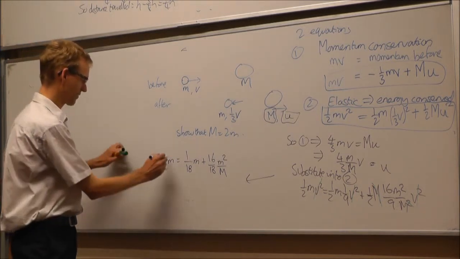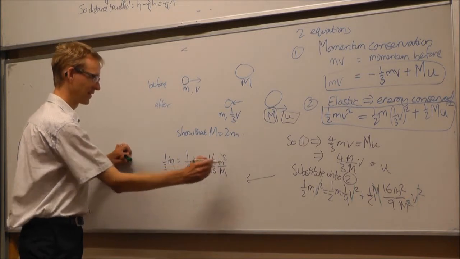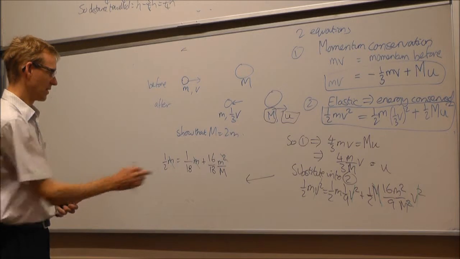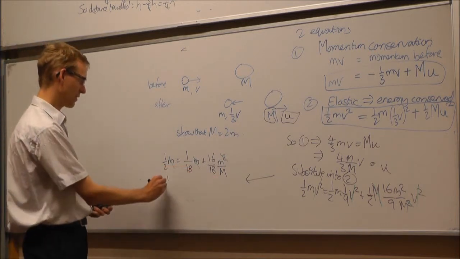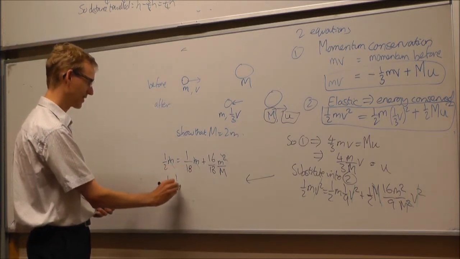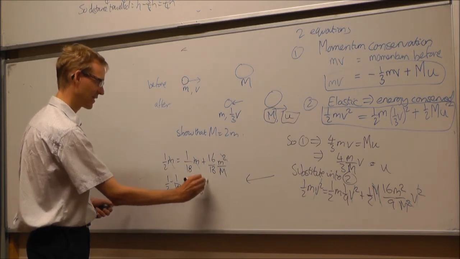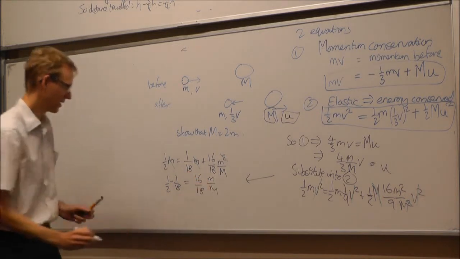Anyway, we take out one of the m's. Solve for M, so we've got half minus an 18th equals 16 18ths m over M.